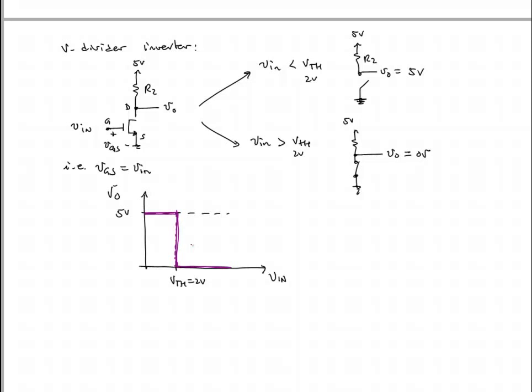But in fact, if you build the circuit in the lab and you were to make this measurement, VO versus input voltage sweep, you would find that it would look very much like this. However, just not an exact vertical line. It would have a finite slope, though steep, but it would very much work as an inverter. So the transistor has added a unique, a fundamental capability that we didn't have before.